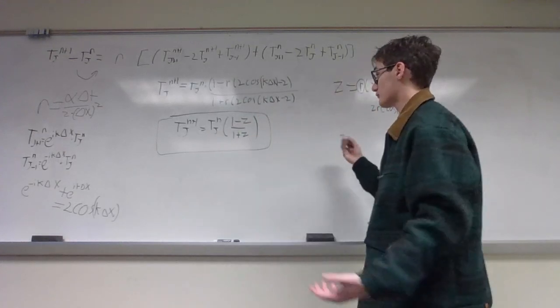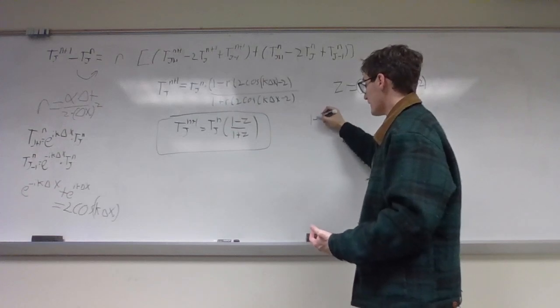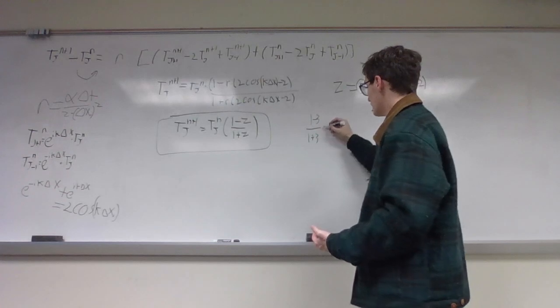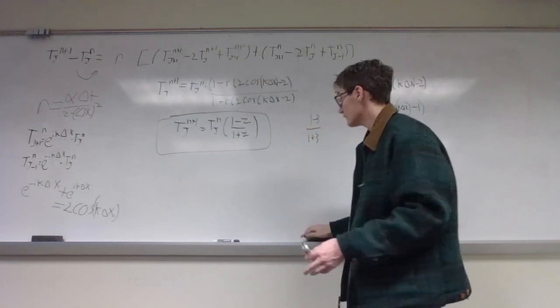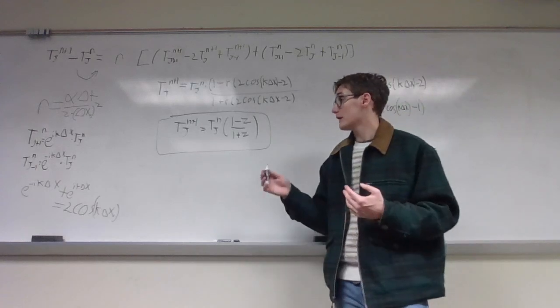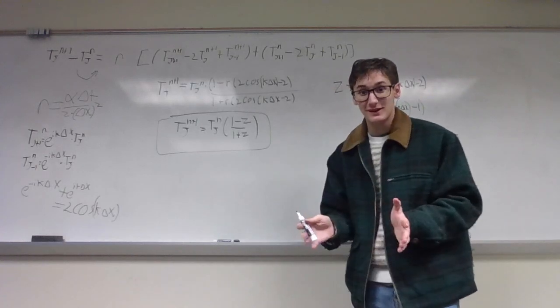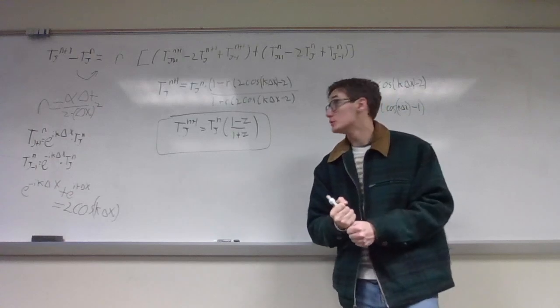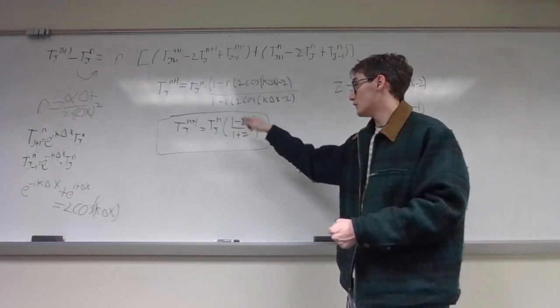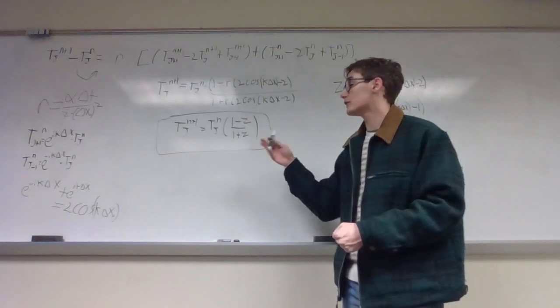Let's say we have 3: 1 minus 3 over 1 plus 3. The denominator is always going to be greater than the numerator, showing that this term will never be greater than 1.